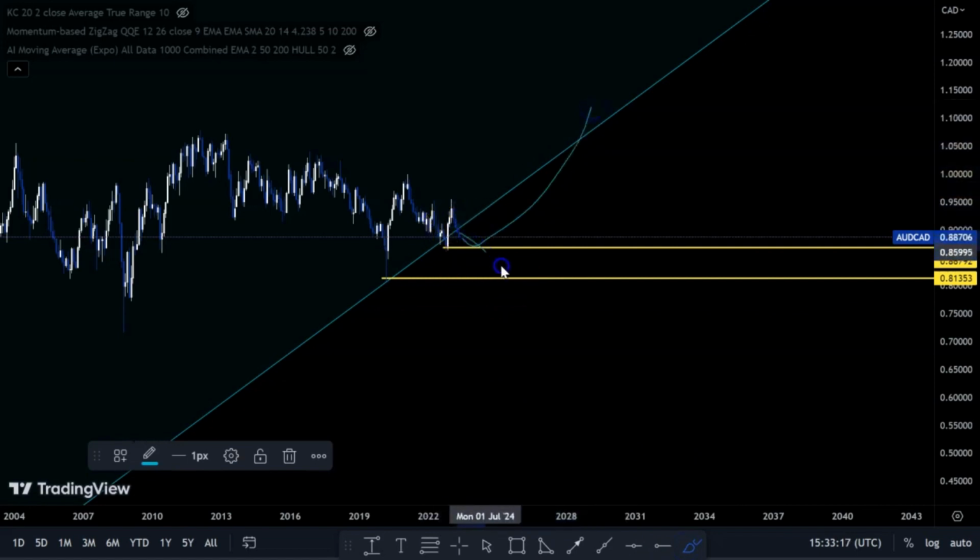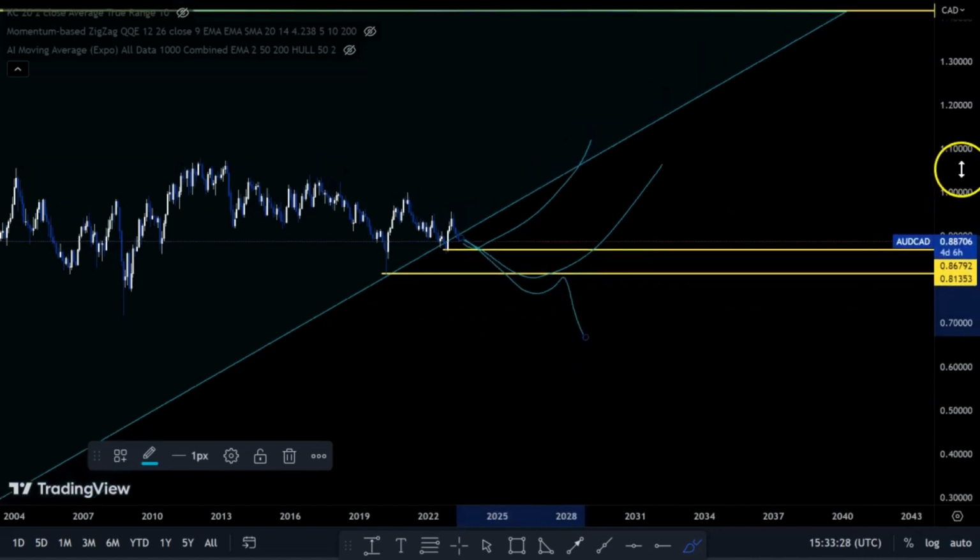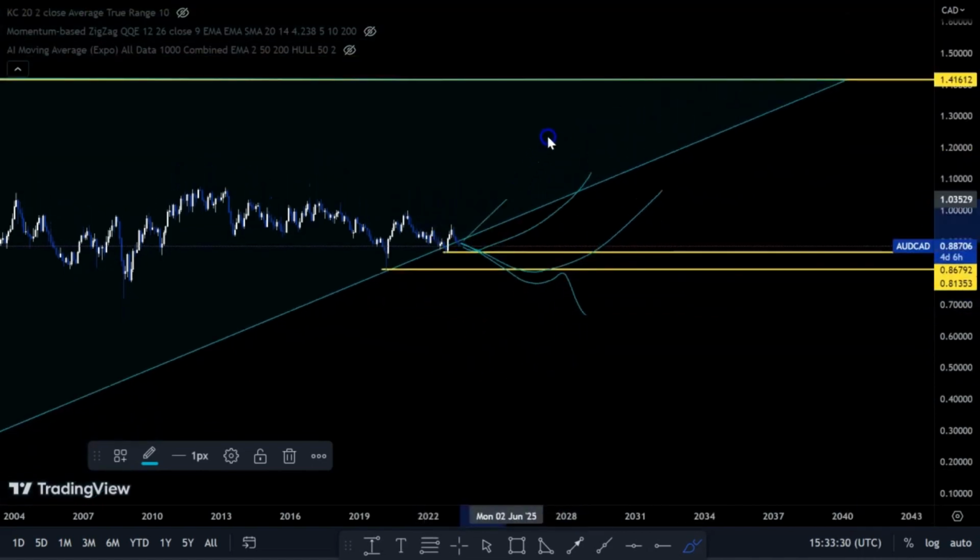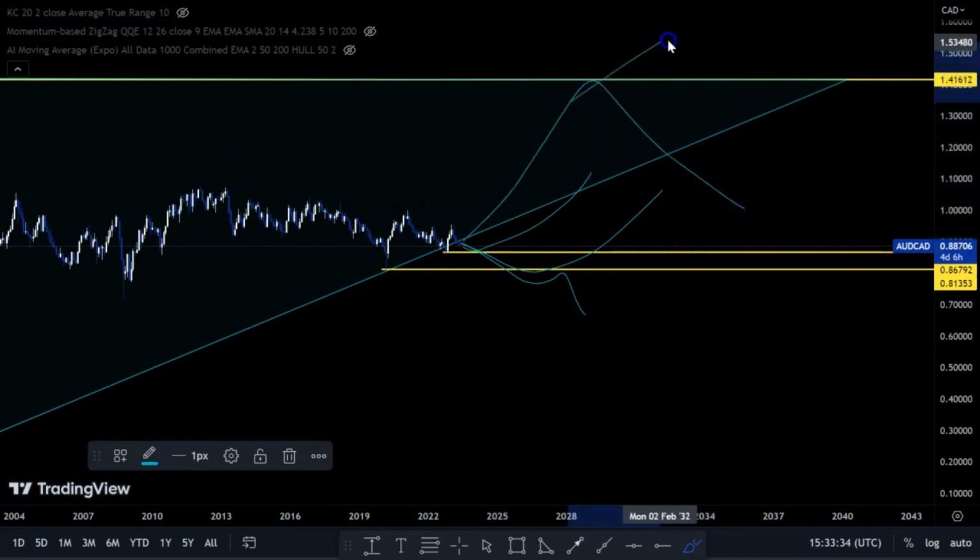It could come, break this level, hit this level, and start going up. It may come, break this level, break this one, hit this level behind and start going down. But these are options that can happen in the market. It could come, hit this one and start going down. It could break above it, hit on top of it and start going up. There are so many things the market can do.